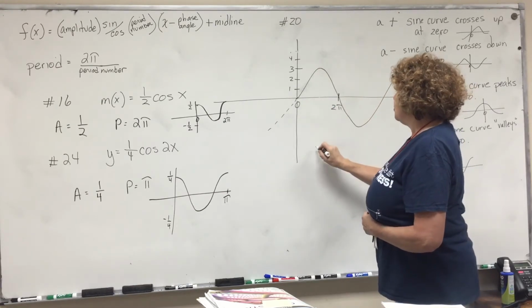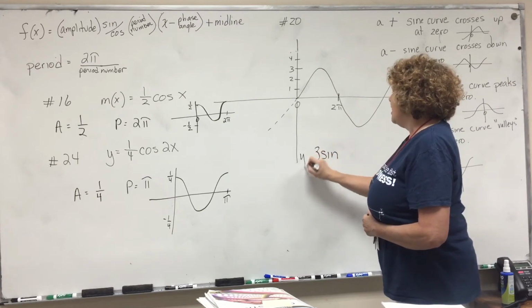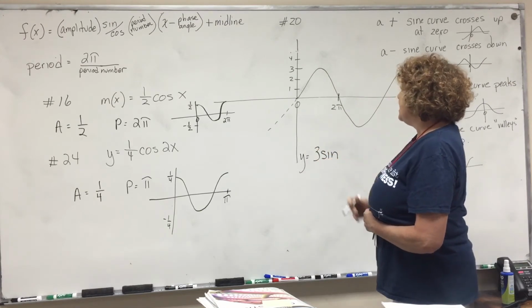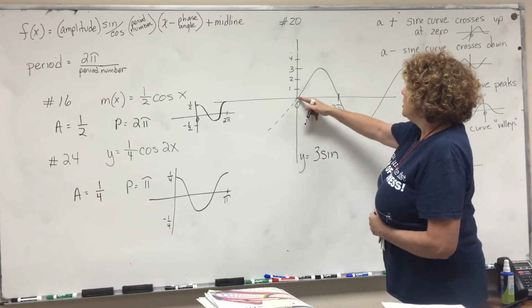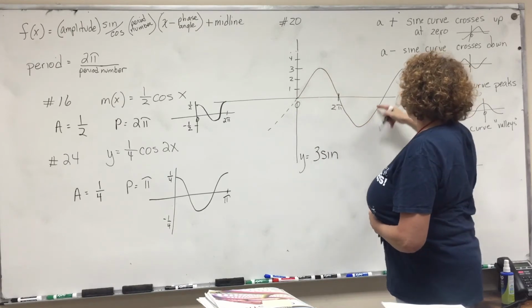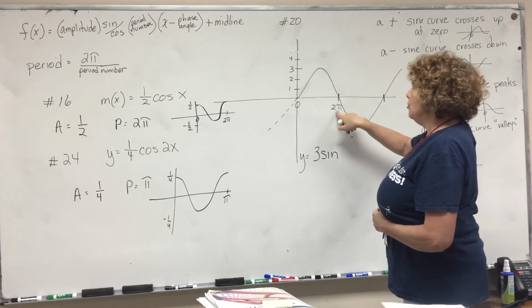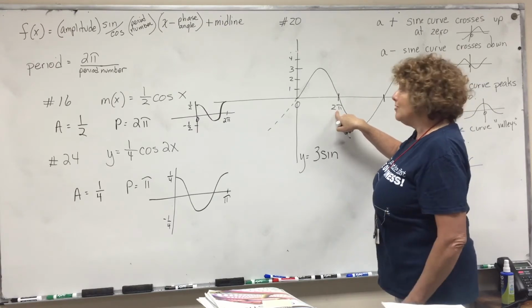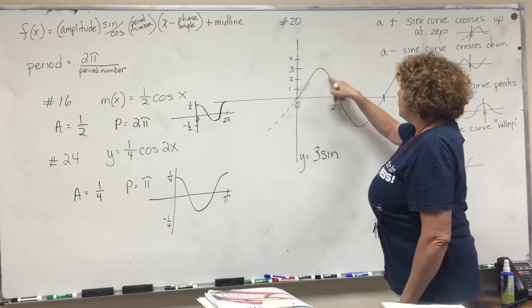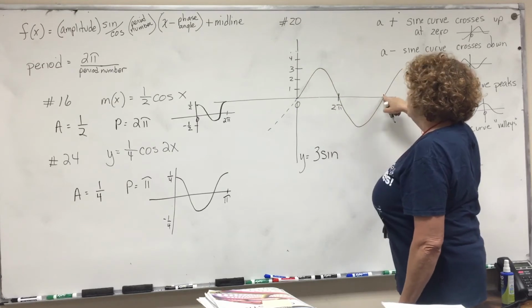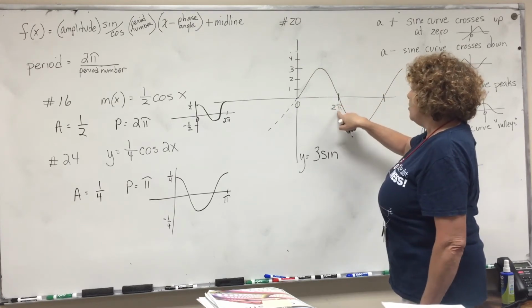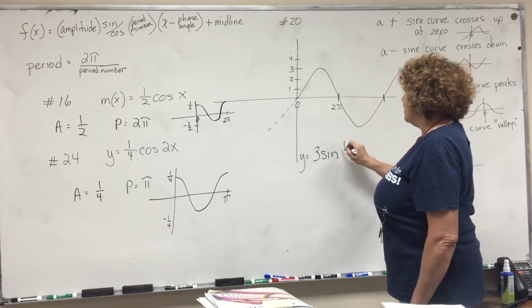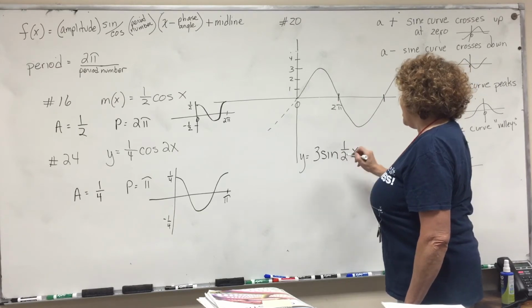The amplitude is 3, so that goes in front of there. So y equals 3. Now if you look, one full curve, well 2 pi only does half a curve. So only half a curve fits in there. So if a full curve would go all the way there and only half a curve goes there, then it's going to be 1/2 x.